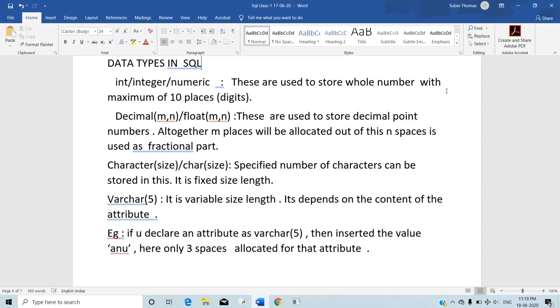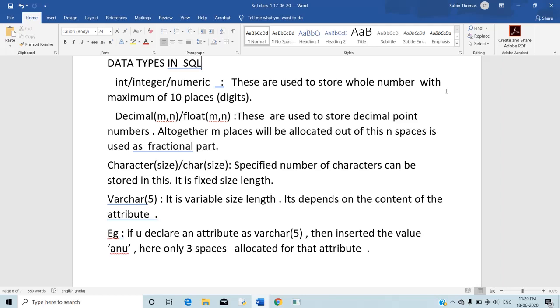If you are entering a value which is less than 10, it will still allocate 10 memory spaces for that particular attribute. That will not depend upon the value which you are entering in that attribute. If you are mentioning character of 10, altogether it will get 10 character spaces for each record or each tuple, which cannot be changed. That is a fixed length.